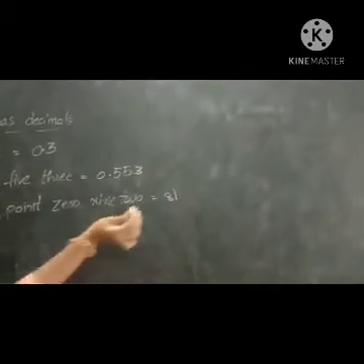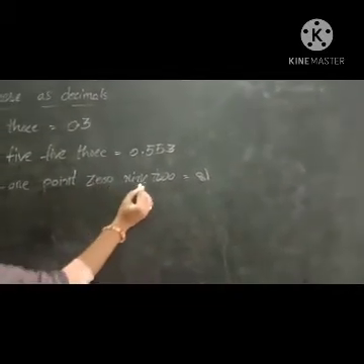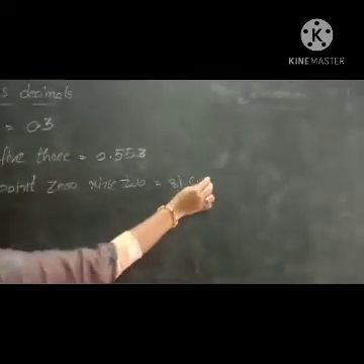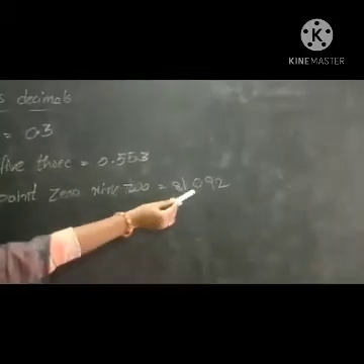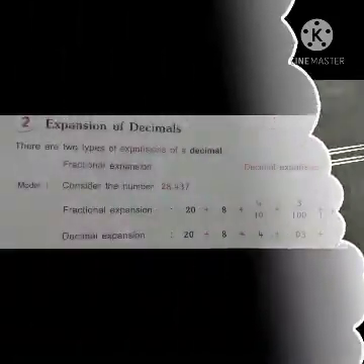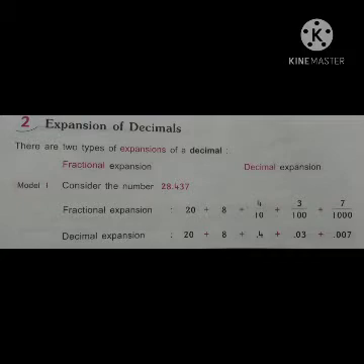Here point is there, no, the decimal point? Then 092. So what is the total number? 81.092.